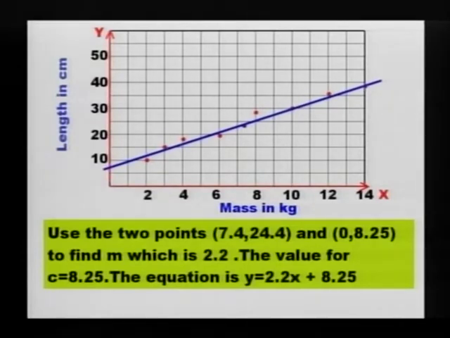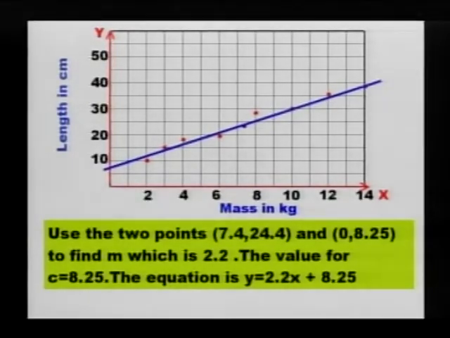That's 24.4 take away 8.25 divided by 7.4 take away 0. We got about 2.2. So the value for m is 2.2. The value for b, which is the point where the graph cuts the vertical axis, was 8.25. The equation, therefore, is y equals 2.2x plus 8.25.